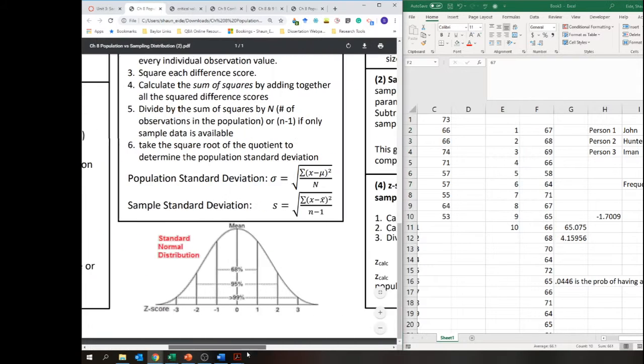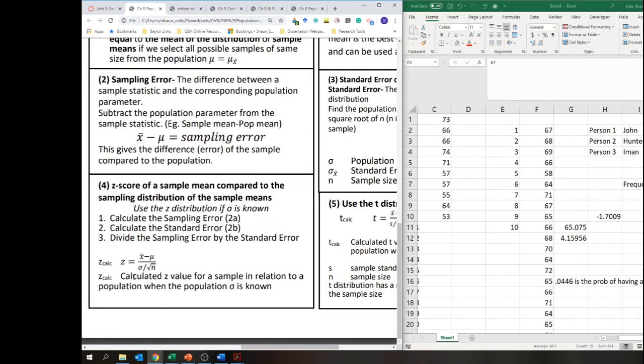We're still going to find z calculated, but instead of finding z calculated for an individual, we're finding z calculated for a sample. So z calculated for a sample compared to every other possible sample of 10.